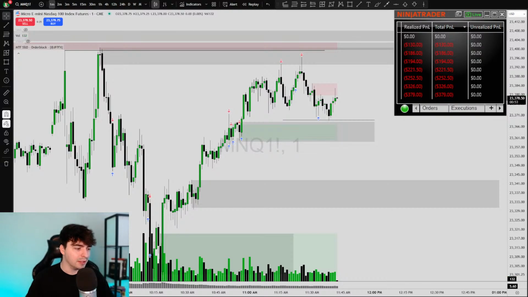W revenge trading. First comment I see when I open up TikTok. It's crazy. It's not revenge trading, it's just trading. I'm just taking the setups.